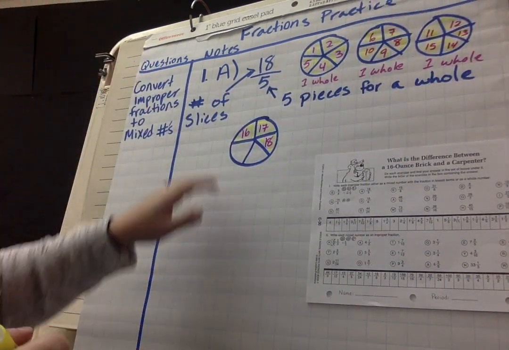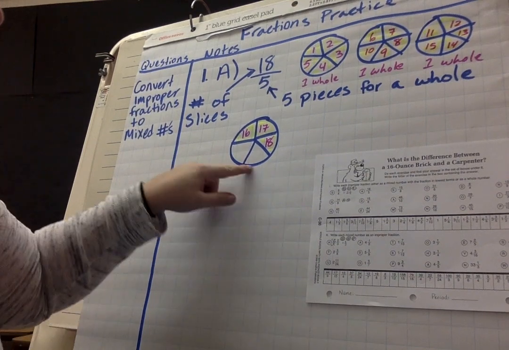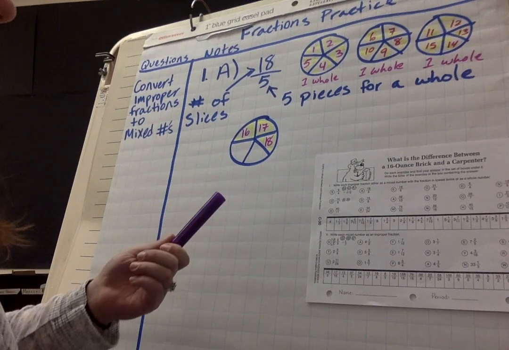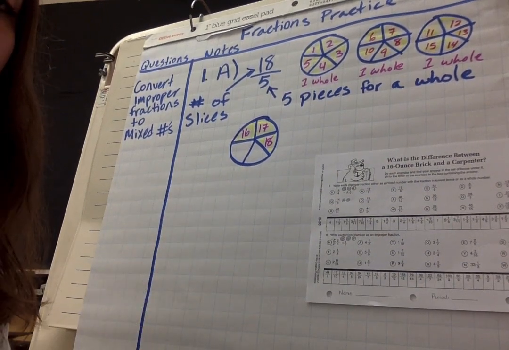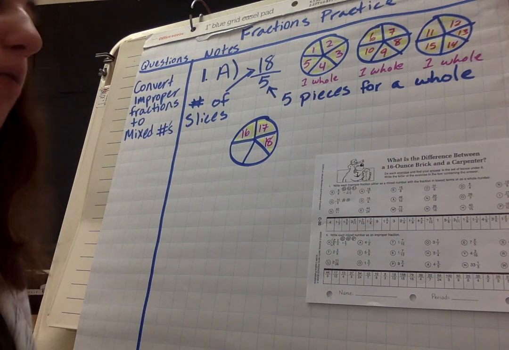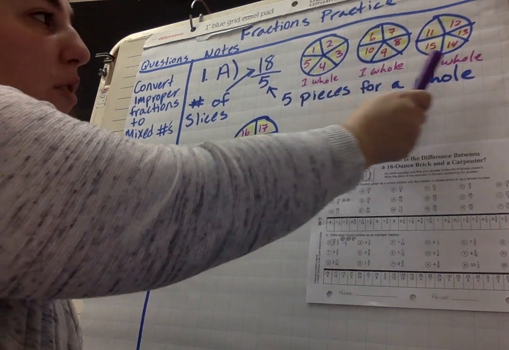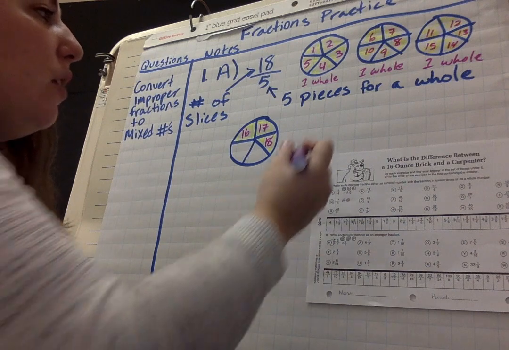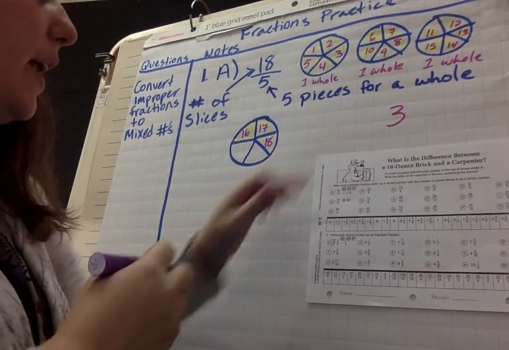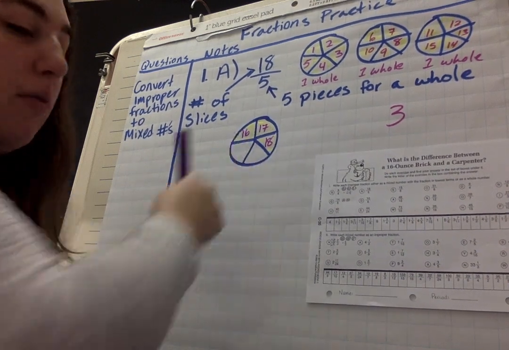Okay. So I've shaded in all the pieces I'm using. I have 2 unshaded pieces. So what does this mean exactly? Well, to put it into a mixed number, it means we're going to have a whole number and then a fraction next to it. So I have 1, 2, 3 wholes. So I'm going to write that over here. I have 3 wholes, and I have 1, 2, 3 slices.